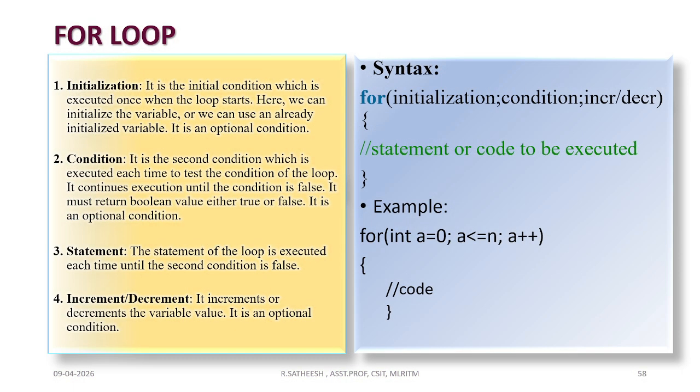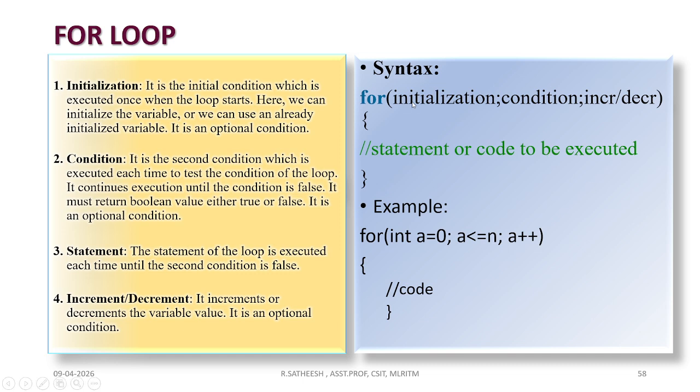Now coming to the for loop, this is one more very important loop. After while loop, most programmers use the for loop. Compared with while loop, the for loop is quite easy to use and to type, because we can initialize, check the condition, and do increment or decrement on the same line, and then write the statements.